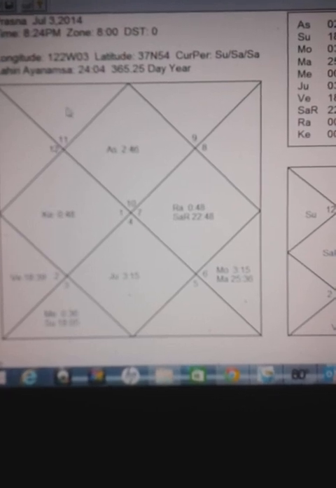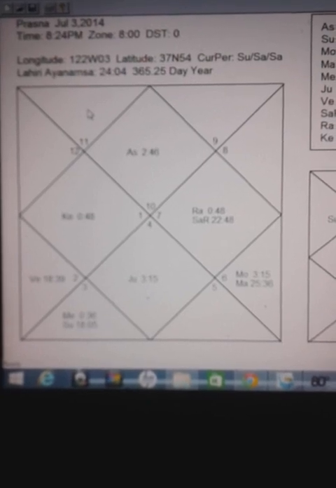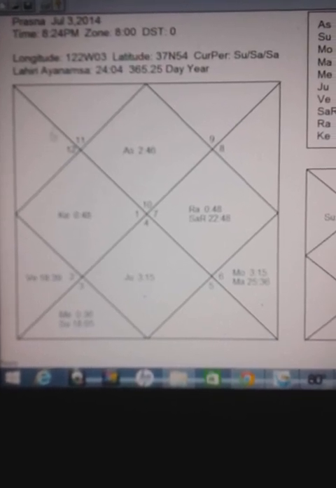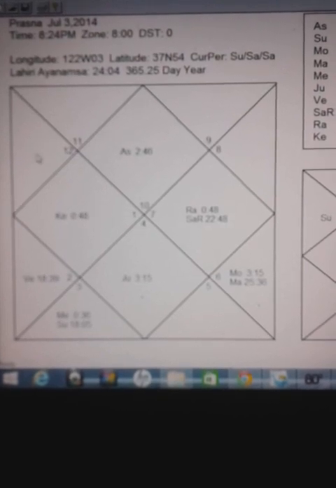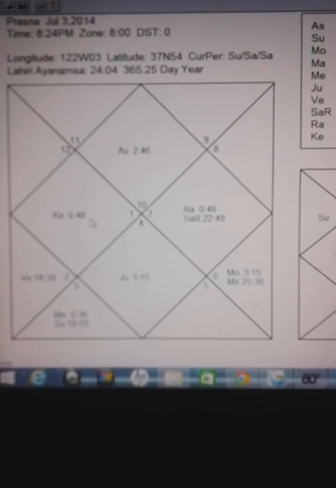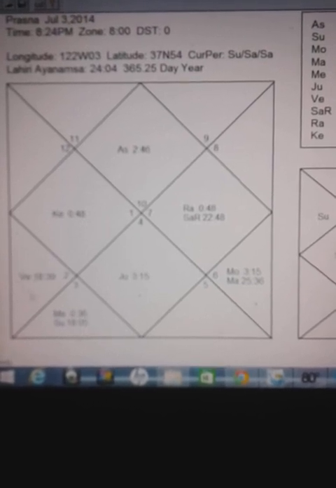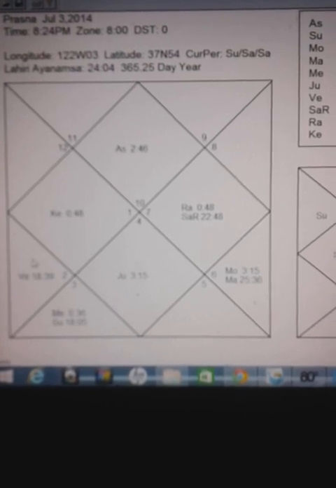The second house or second zodiac sign is ruled by Taurus. The third zodiac sign is ruled by Gemini. The fourth zodiac sign is ruled by Cancer. The fifth zodiac sign is ruled by Leo.